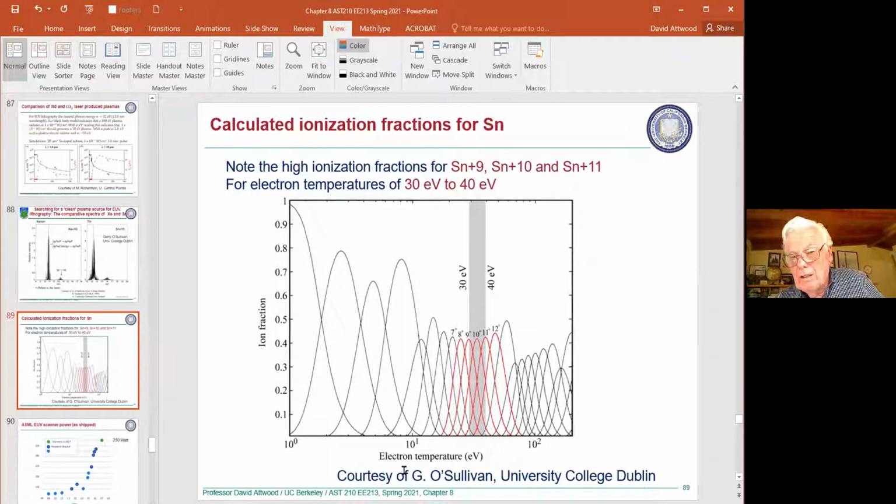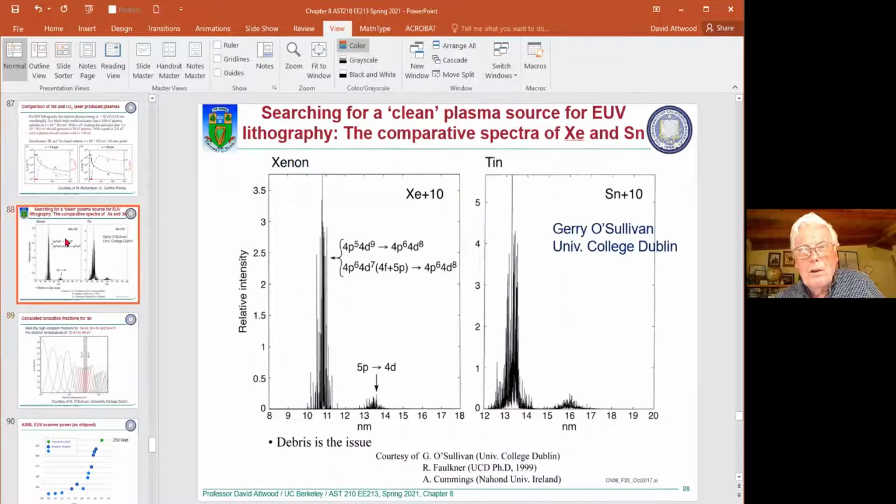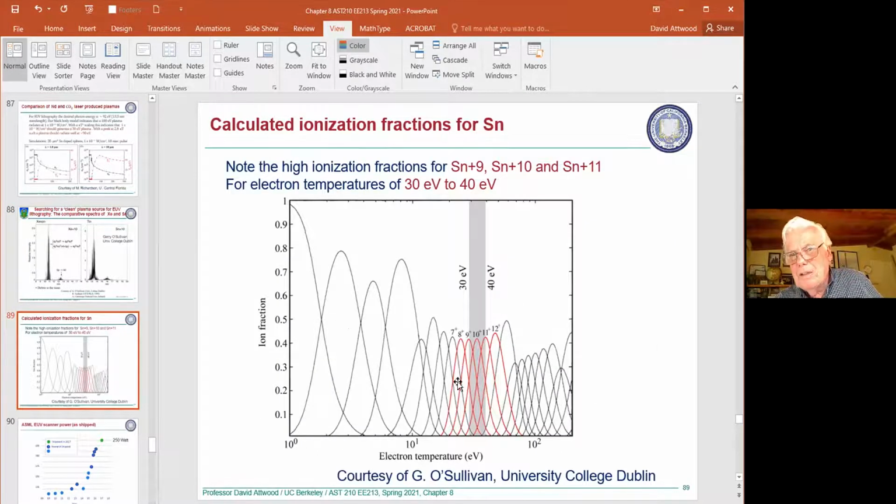Jerry O'Sullivan was an astronomer who was working on EUV, and he was quite familiar with all of these. He was an expert on all of this, but he was an EUV astronomer.